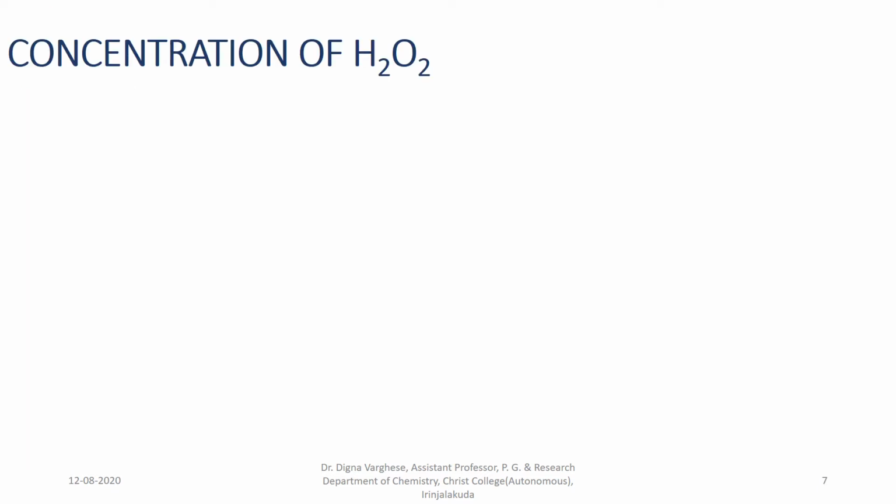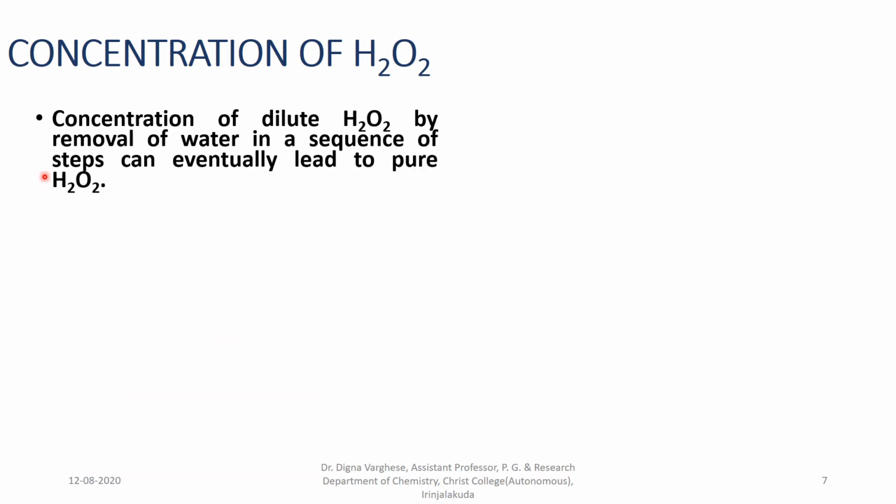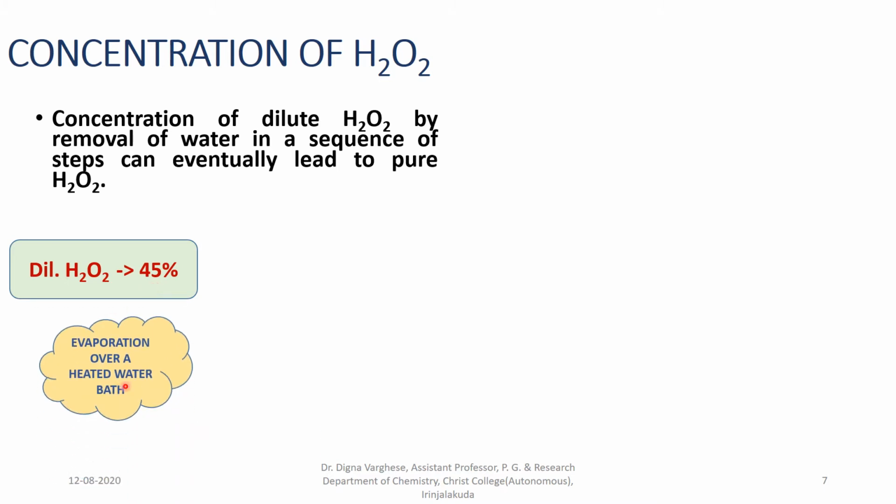Concentration of hydrogen peroxide. Concentration of dilute hydrogen peroxide by the removal of water in a sequence of steps can eventually lead to pure hydrogen peroxide. First step: dilute hydrogen peroxide is concentrated to 45% by mass by evaporation over a heated water bath.